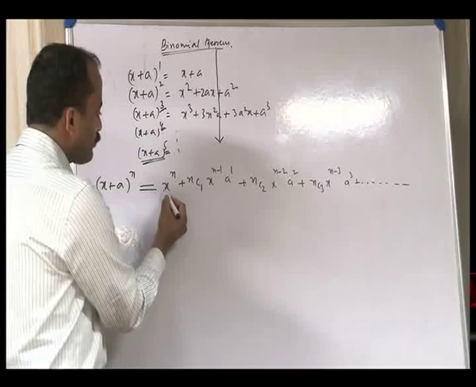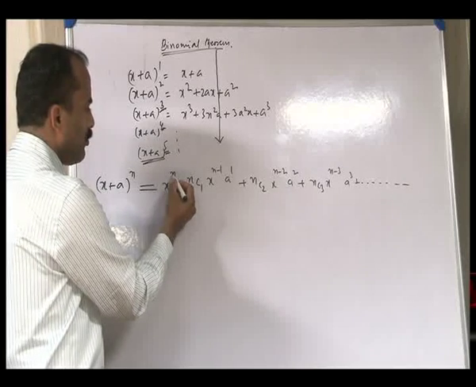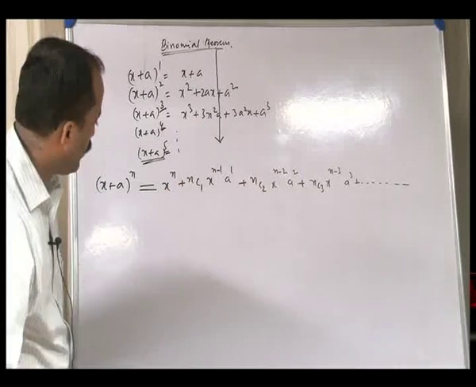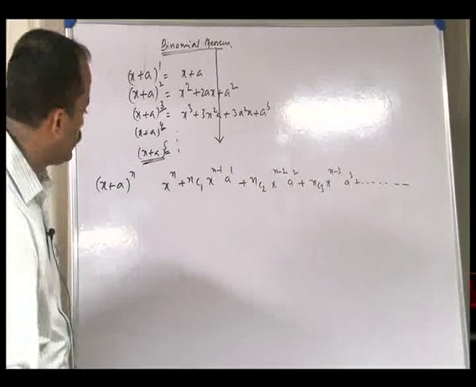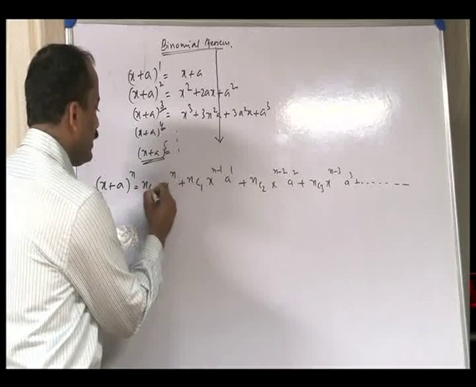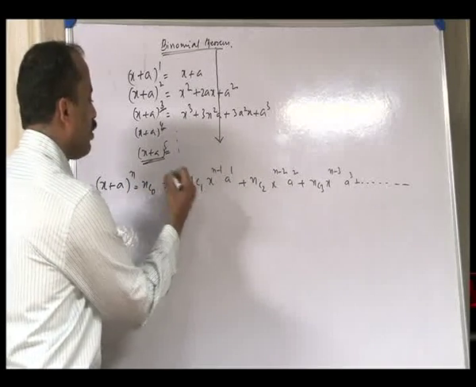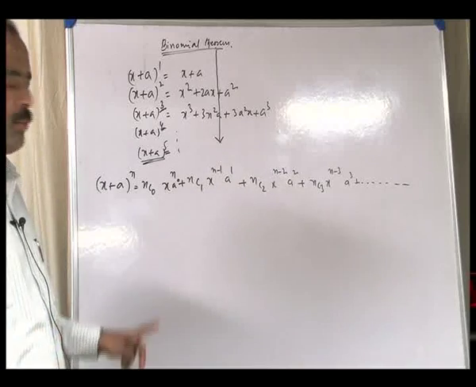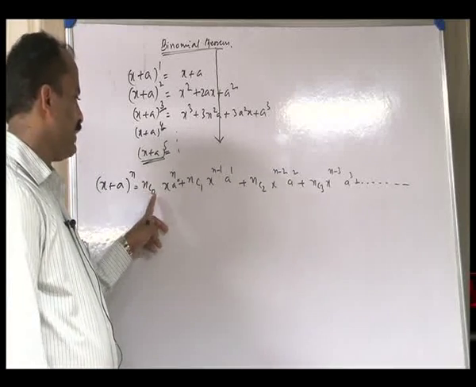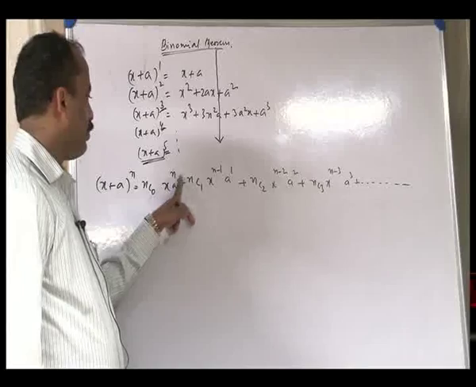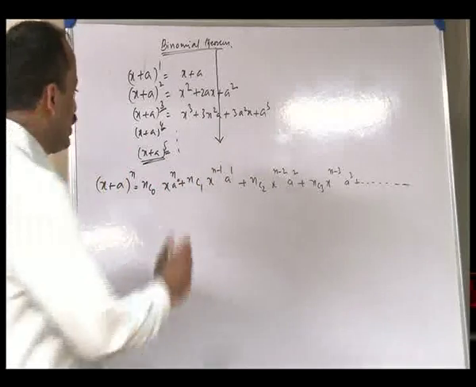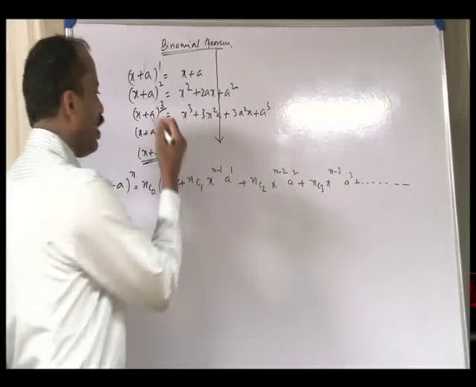Actually, in addition to the x to the power of n, we have nC0 into a to the power of 0. But the nC0 value is 1 and a power 0 value is also 1, so it becomes only x to the power of n.